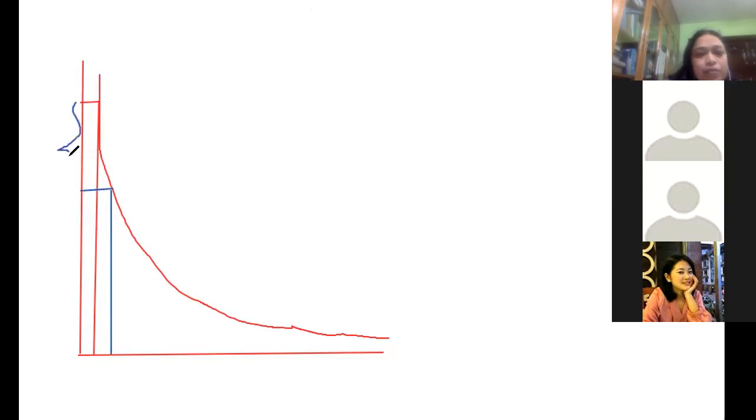You are willing to sacrifice this amount of capital to increase labor by this much. So in order to increase labor by this much, you are willing to sacrifice a lot of capital.